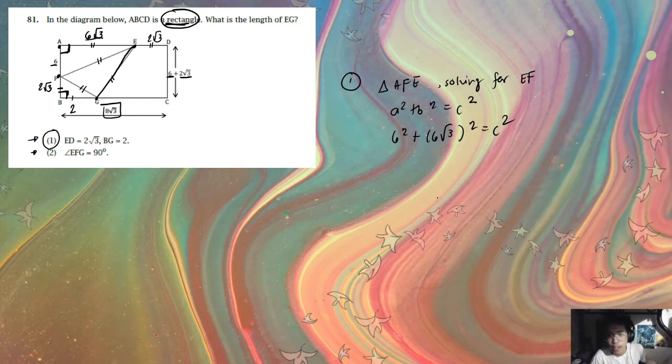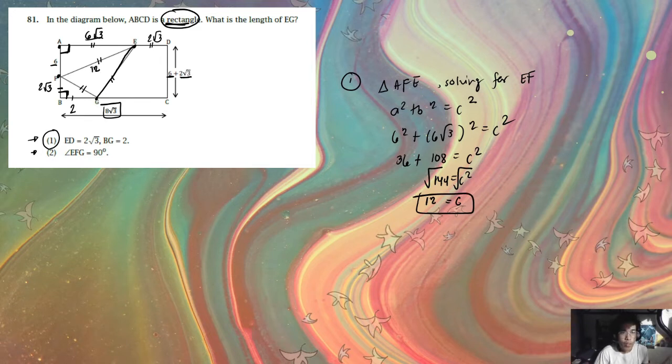Now we can simplify this. 36 plus 6 square root of 3 squared, which gives us 108. 36 plus 108 is equal to C squared. 108 plus 36 is equal to 144. If we take the square root of both sides, therefore C, or EF, is just equal to 12. So that means this is 12.